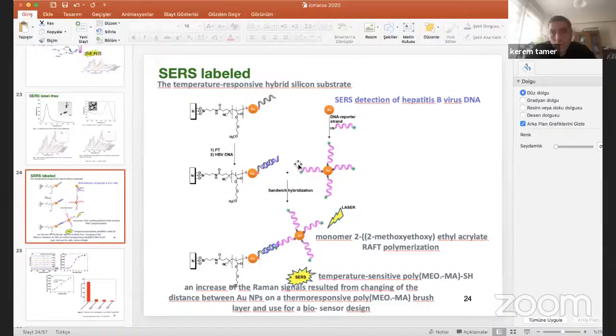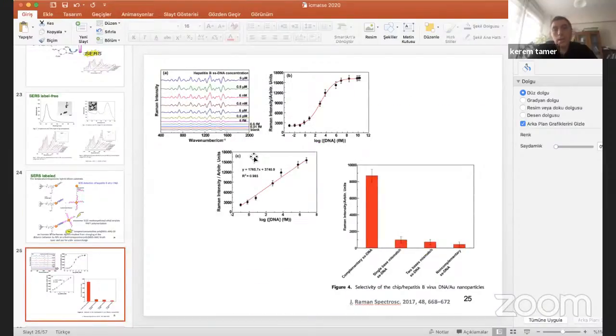Here we are trying to analyze the hepatitis B virus DNA. First of all, you modify your substrate with a suitable probe. After making sandwich hybridization, you can get the signal from your Raman system. Here you can see the calibration curve.